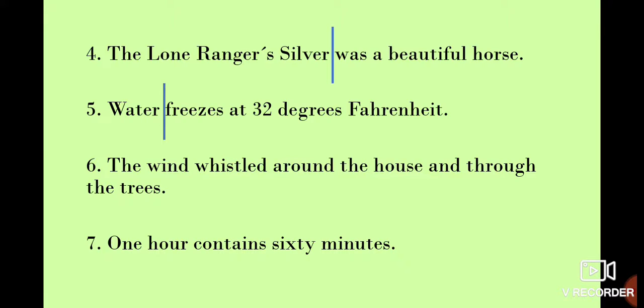Number 6, the wind whistled around the house and through the trees. The subject is the wind. Number 7, 1 hour contains 60 minutes. In this case, the subject is 1 hour and the predicate contains 60 minutes.